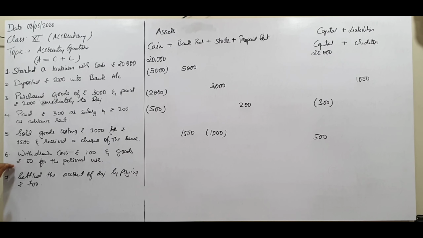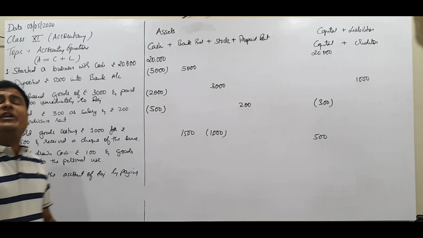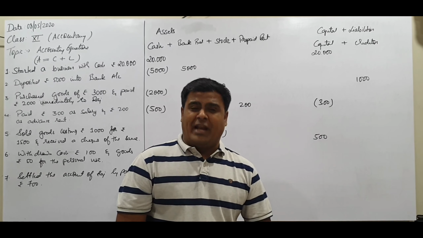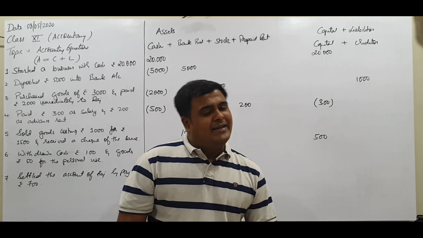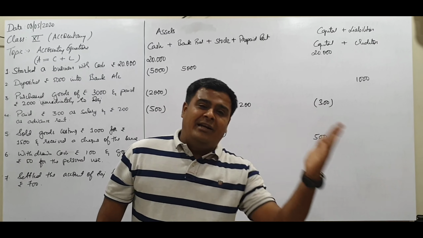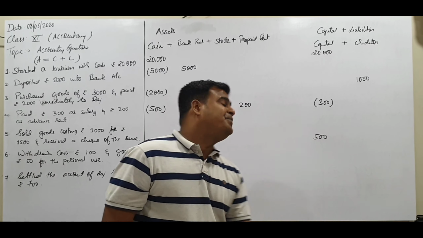The next question is: withdrawn cash rupees 100 and goods rupees 50 for personal use. The owner has withdrawn for personal use, and if the owner withdraws cash, goods or any asset for personal use, it is drawings, and drawings will result in the reduction of the capital.